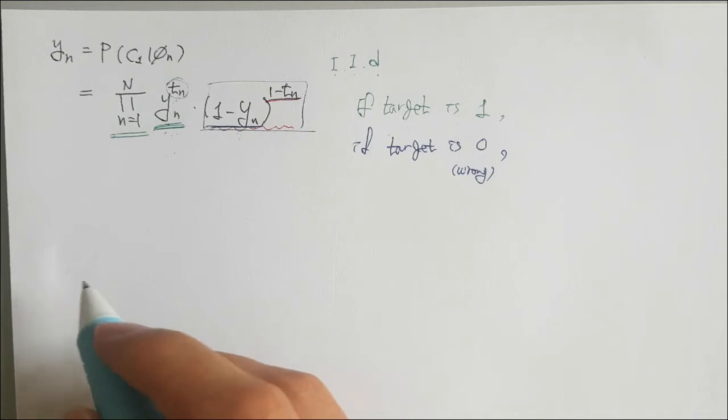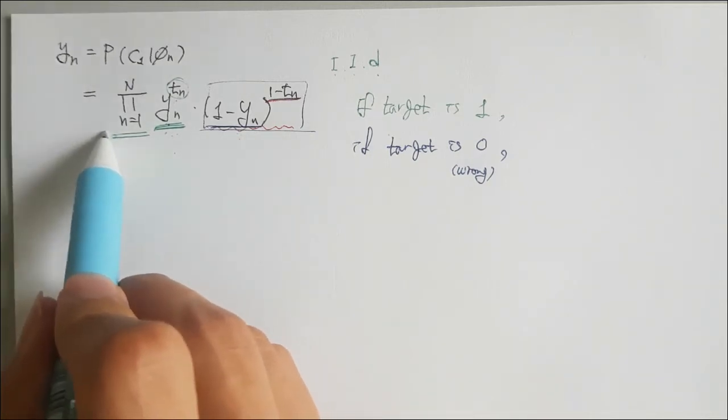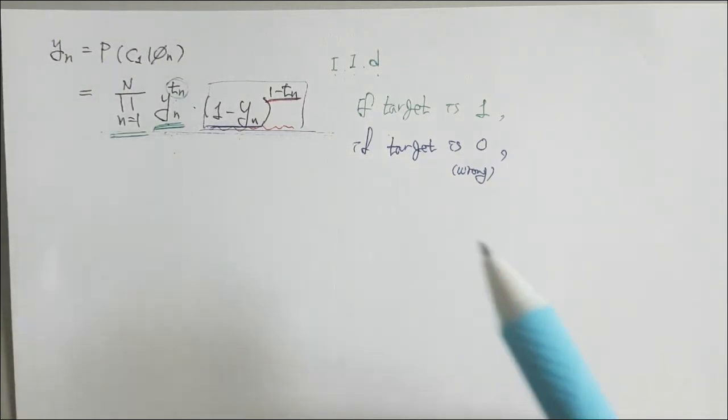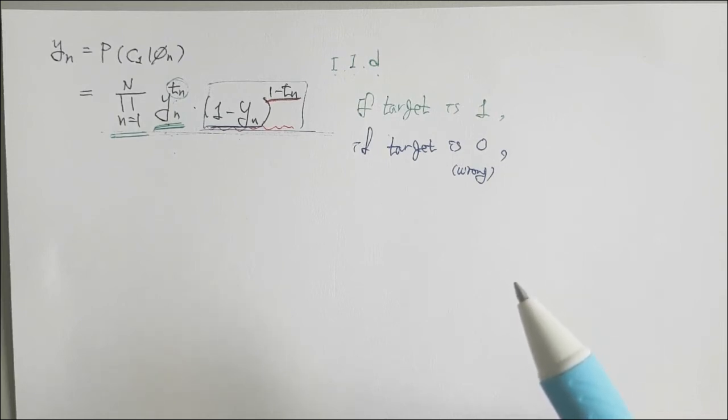So we want to maximize this probability. This is our goal, because we want to increase our probability as high as possible, because that means we predict really well, our model will predict well.